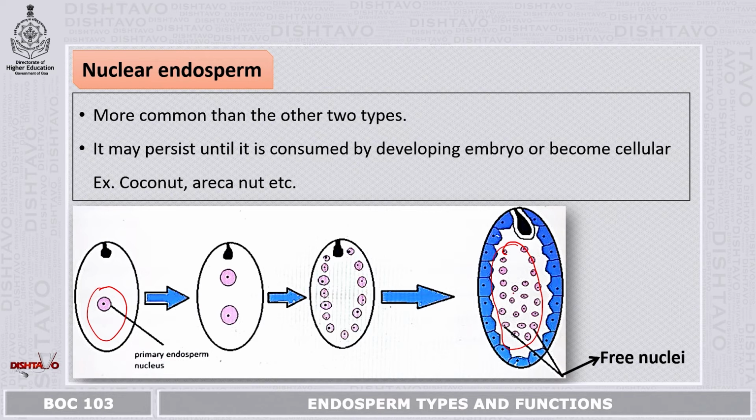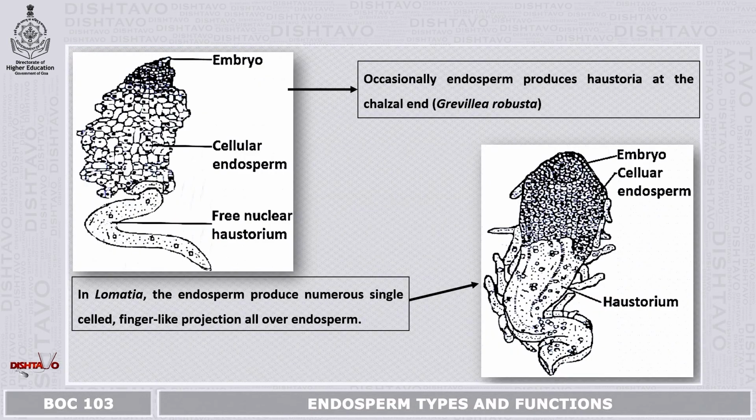Here we can see that none of the nuclei have cell walls. So, the major characteristic of nuclear endosperm is that the divisions are not followed by wall formation. This condition may persist until it is consumed by the developing embryo or it may become cellular. Become cellular means the further divisions may be followed by wall formation. The examples of nuclear endosperm are coconut, areca nut and so on.